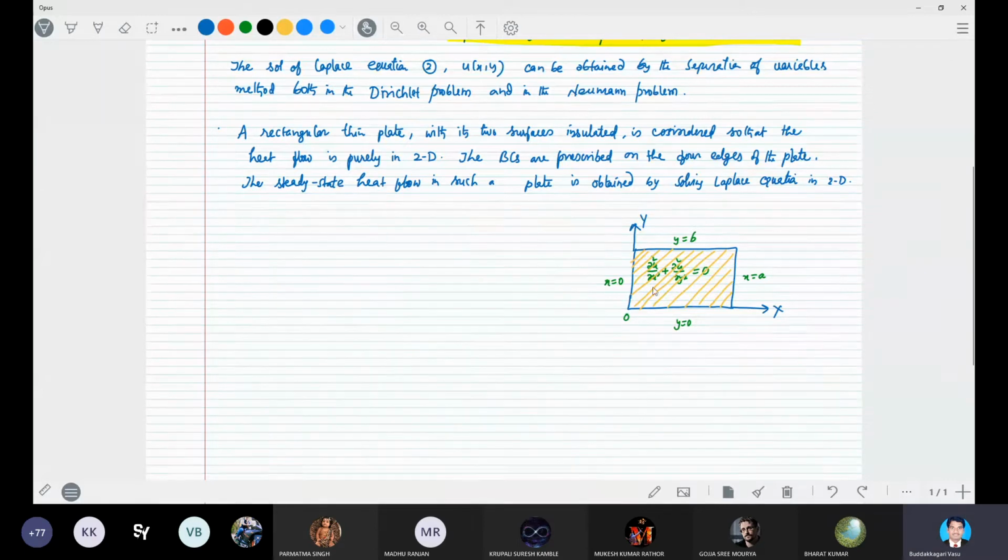The solution will be u(x, y). Along the x-axis the boundary is u(x, 0), this is u(a, y), this is u(x, b), and this is u(0, y).